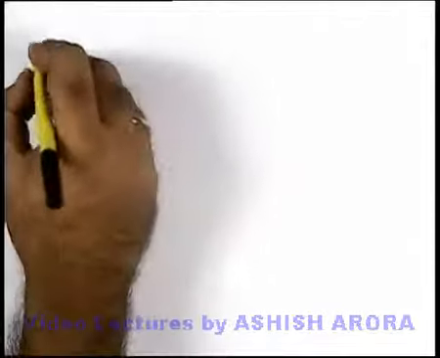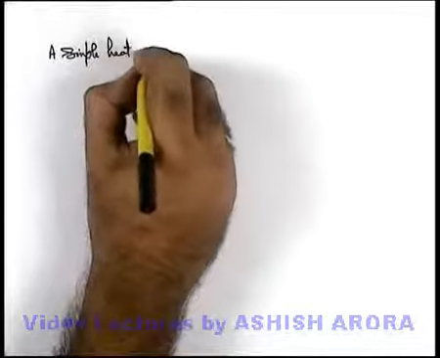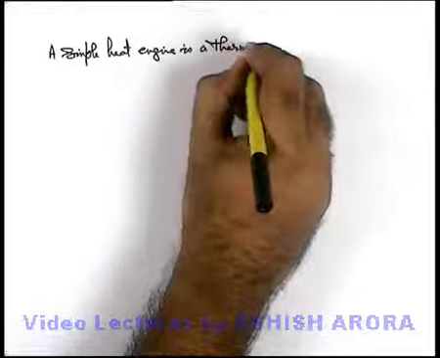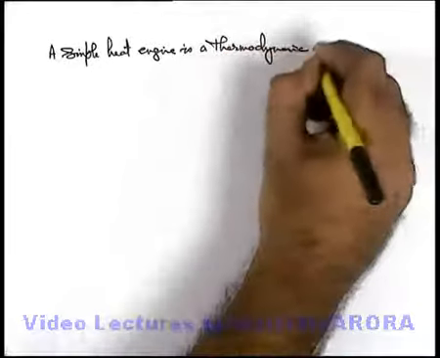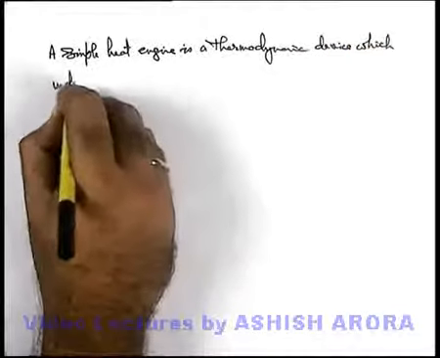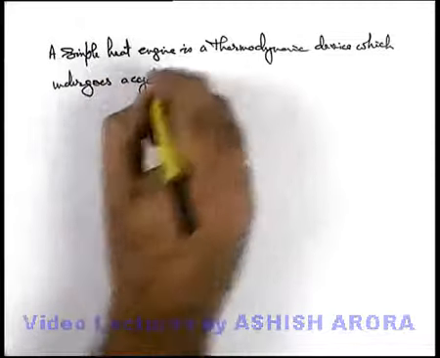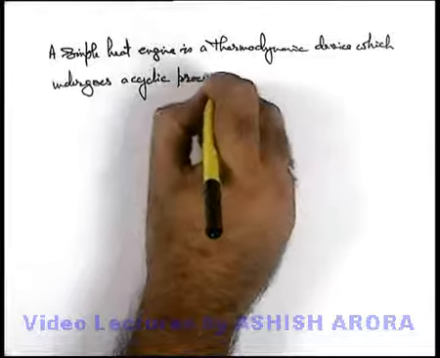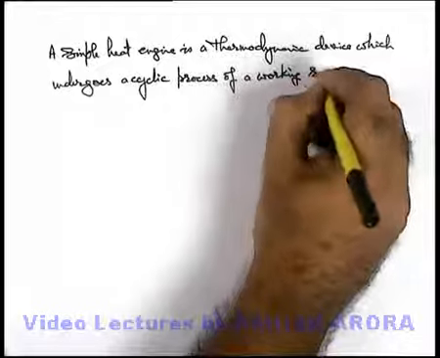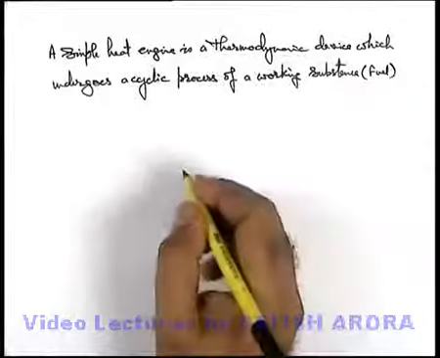For a heat engine we can write that a simple heat engine is a thermodynamic device which undergoes a cyclic process of a working substance, which we generally call the fuel of this heat engine.